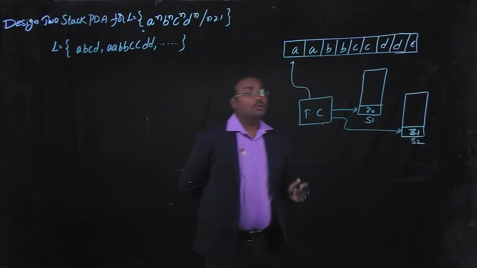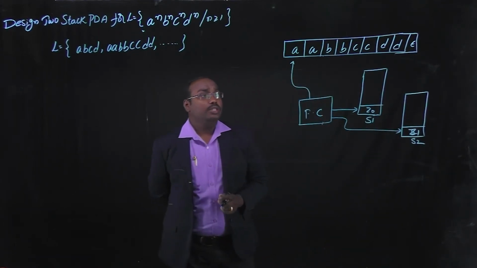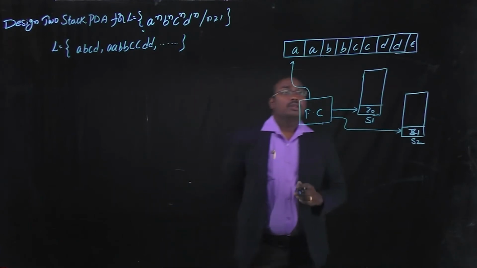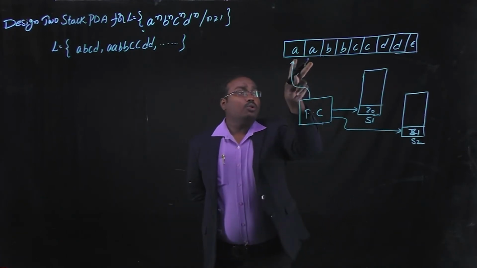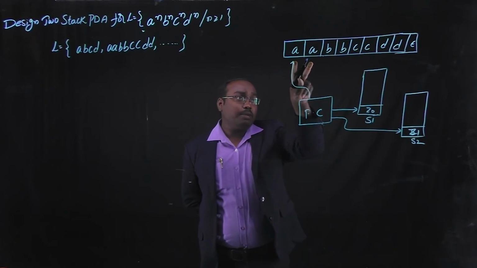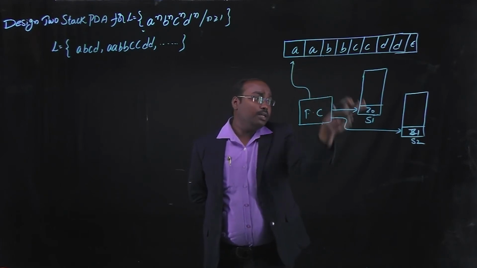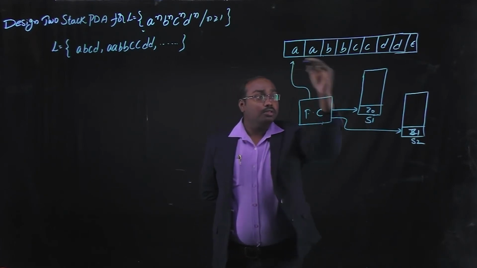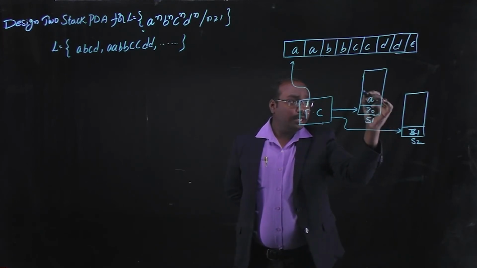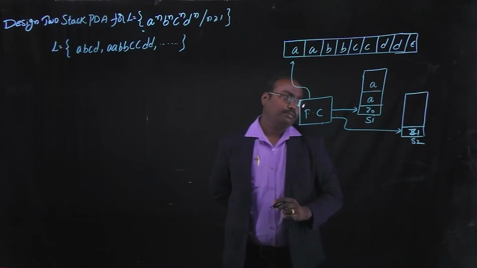Now, what is the logic to construct a 2-stack PDA for this language? First we have to read all the A's, which means we can push those A's onto stack 1.